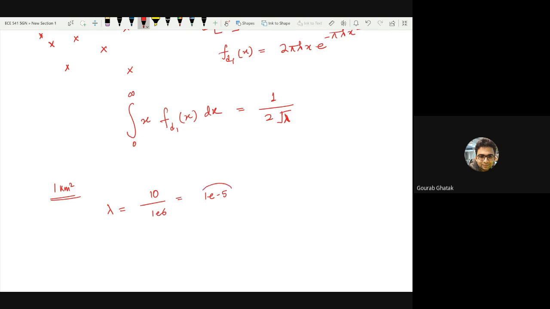Once you have this value of lambda, in terms of per meter, you automatically have the average distance between two neighboring base stations. That is a good way to approximate how your cellular system would perform.